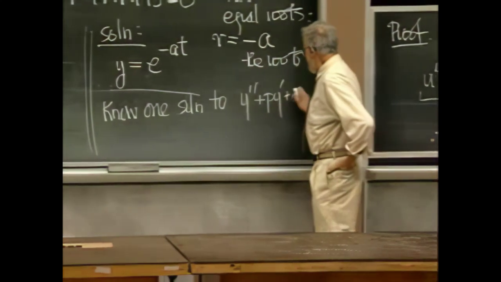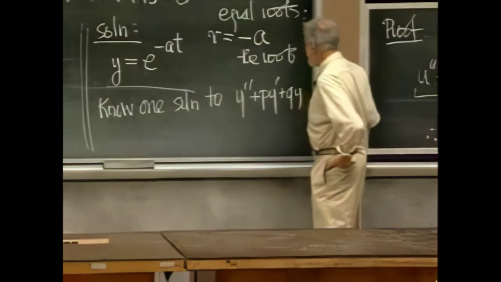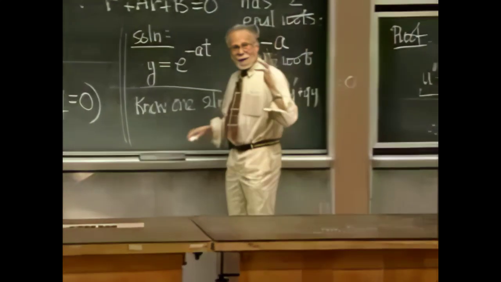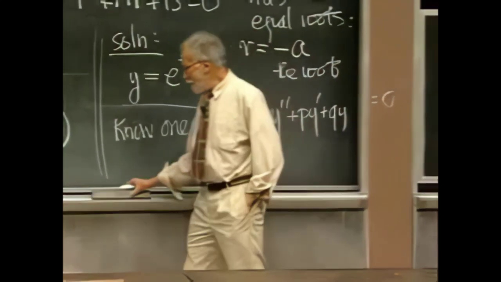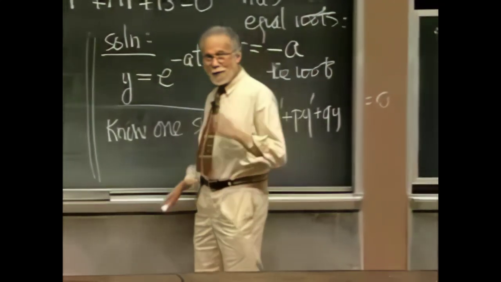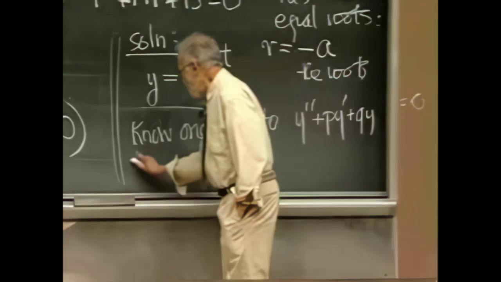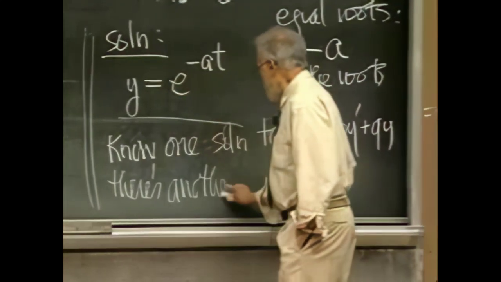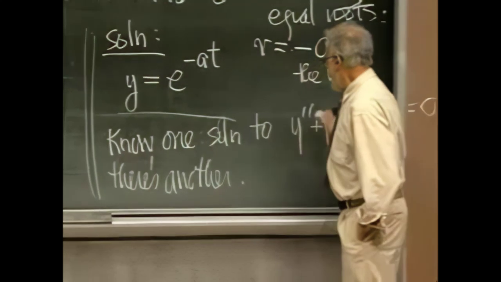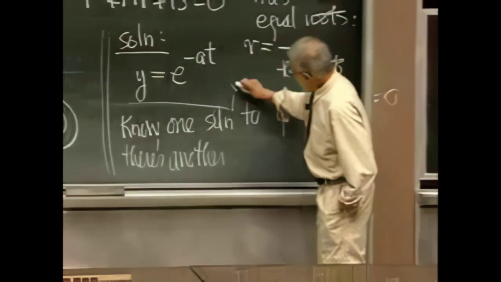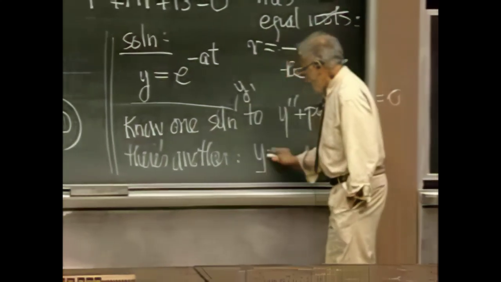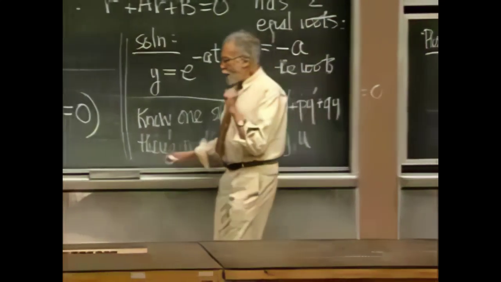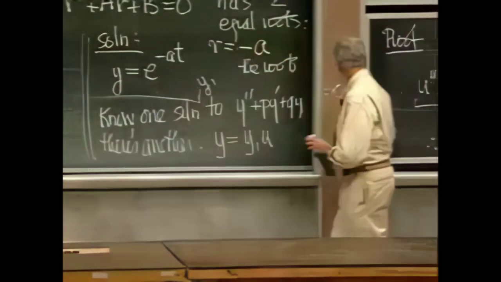If you know one solution, there's an absolute iron-carved guarantee, and you'll know that it's true because I'm asking you to prove it for yourself. There's another solution of the form having this as a factor. One solution, y1, let's call it. Y equals y1 times u is another solution, and you will be able to find u, I swear.